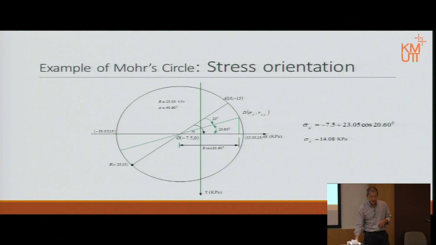And of course we can work out sigma x prime. The height there is using the sine of the angle, and tau x prime y prime is calculated using that expression. Notice that for tau it comes from 0, so we don't care about plus minus in front of it.